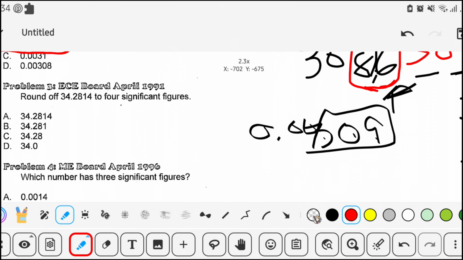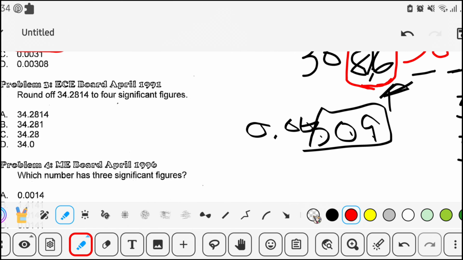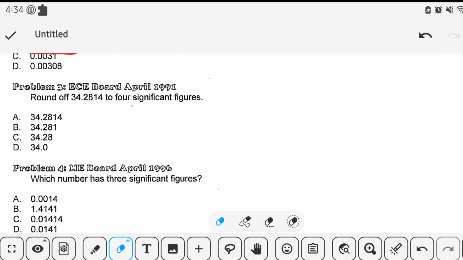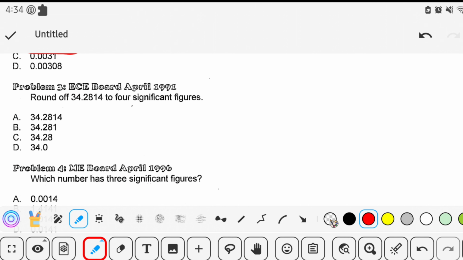So let's go with number 3. Round off 34.2814 to 4 significant figures. Actually, if you're pro enough, you're just going to count it. But for tutorial purposes, we're going to write it down: 34.2814.